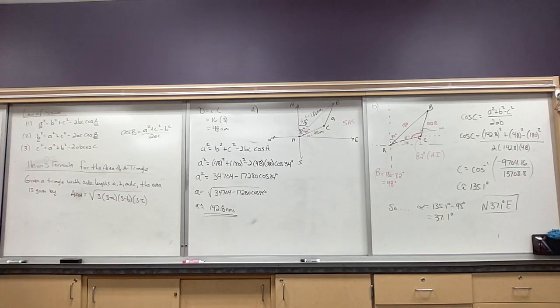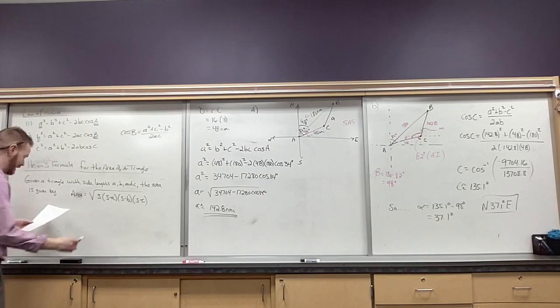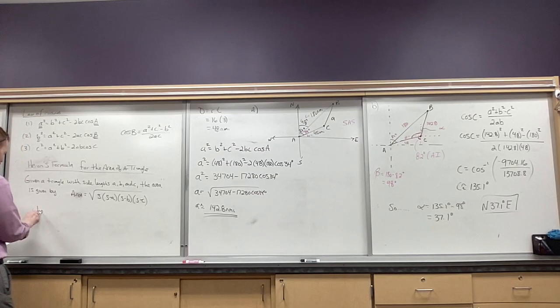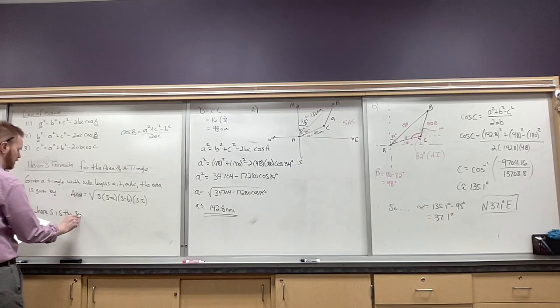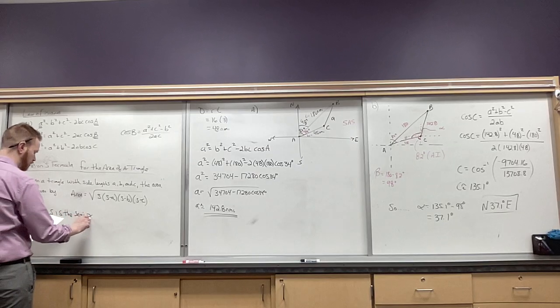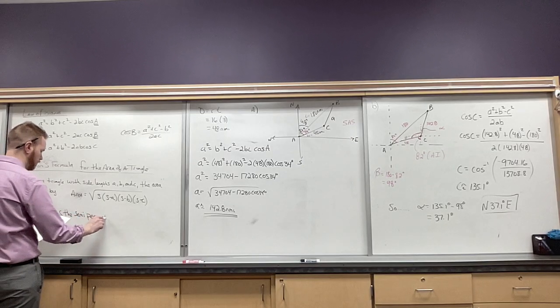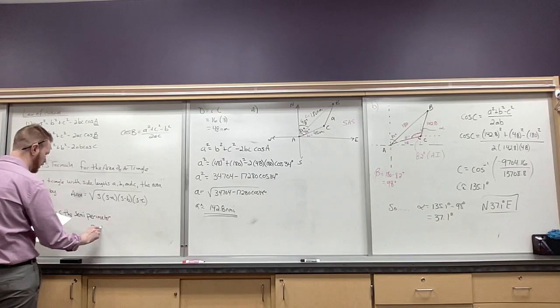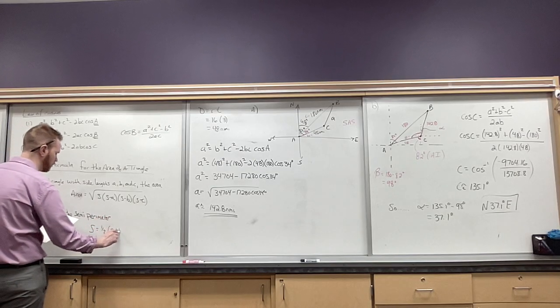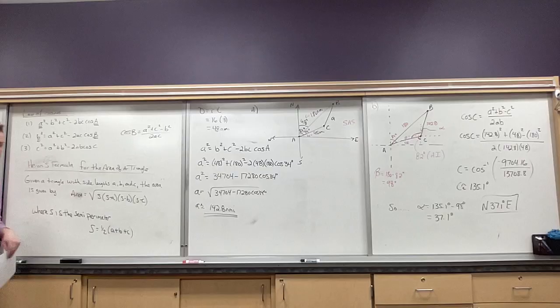A, B, and C are the side lengths, but you're probably wondering, what the heck is S? Well, let me tell you. S is the semi-perimeter. So you take the perimeter of the triangle and you take half of it. That's what S stands for. So let's go ahead and use it.